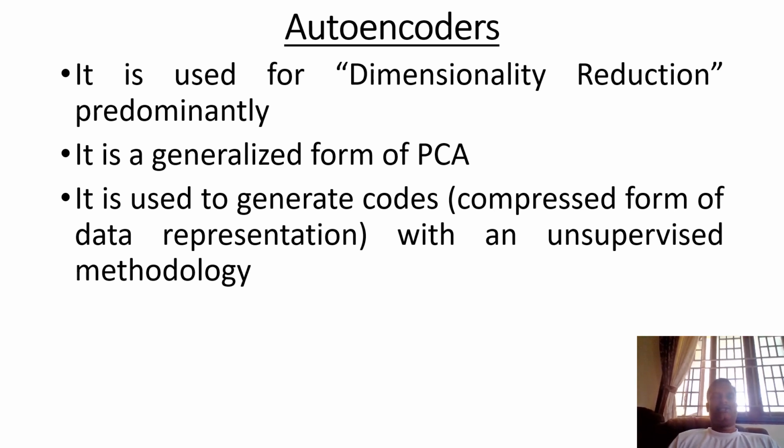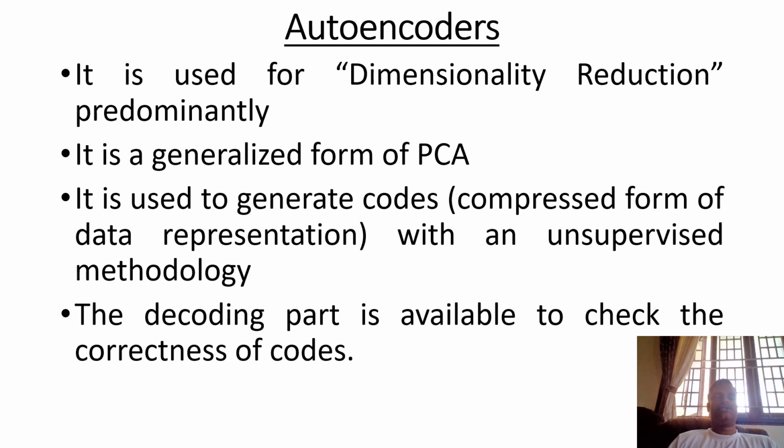The training methodology which we adopt in autoencoders is unsupervised methodology. When I say unsupervised methodology, you must automatically bring in all the characteristic features of unsupervised techniques, such as non-availability of targets and lack of error and other techniques.